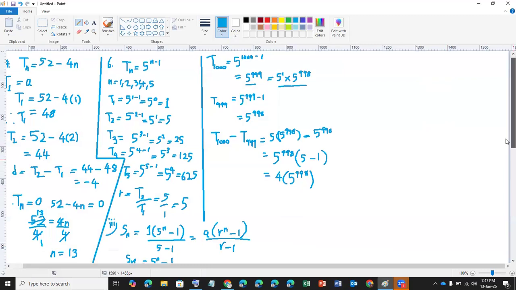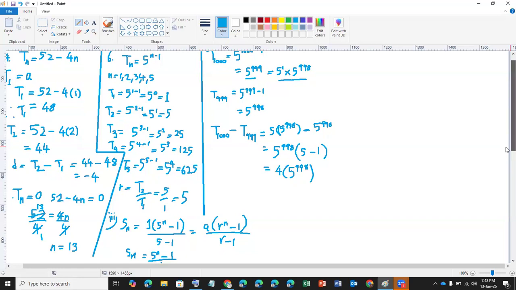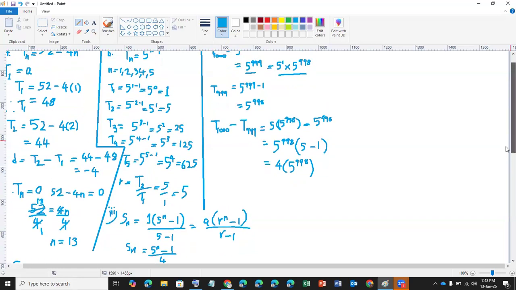That is not showing. Okay. Can you see it now? You have screenshot it. It's still a part.